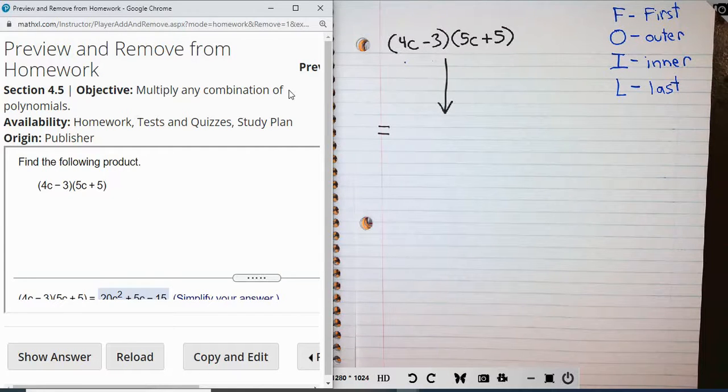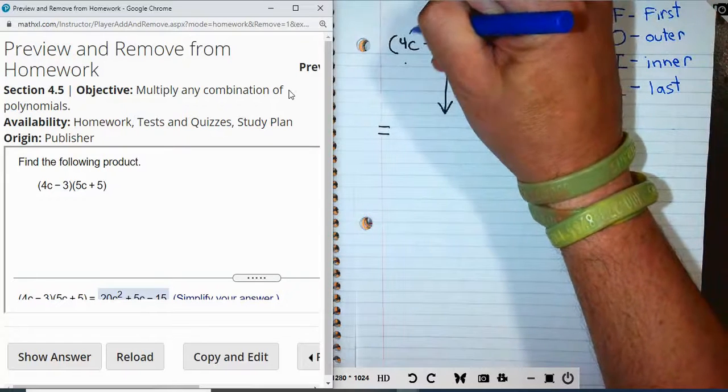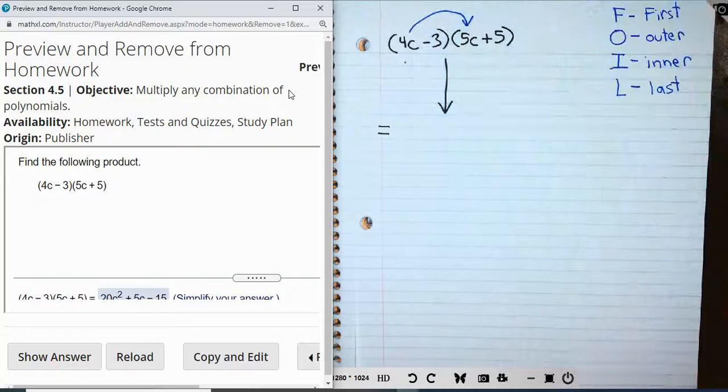Okay. So to begin, we're going to consider the F in FOIL, first. Drawing arrows here, we're basically going to multiply 4c times 5c.